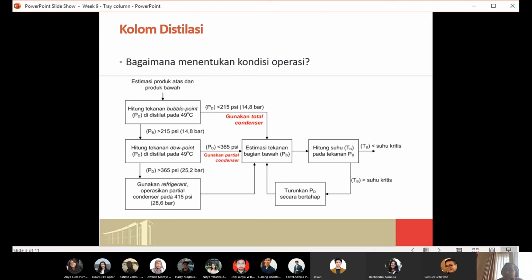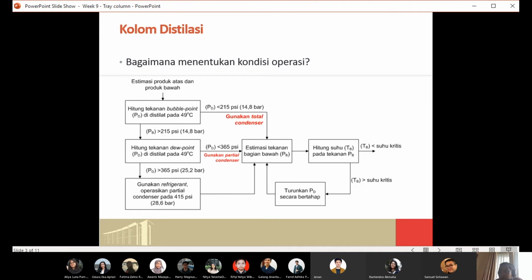So in the case of the bubble point condition, there will be two parameters, pressure and temperature. In terms of temperature, we are limited by the existence of the cooling agent. As you know, there are only three cooling agents that we have: cooling water, air cooler, and refrigerant.